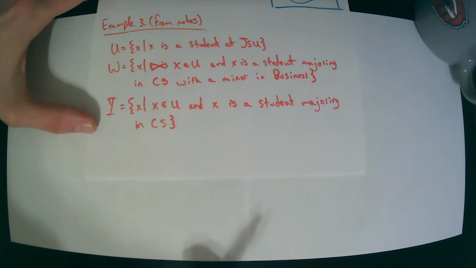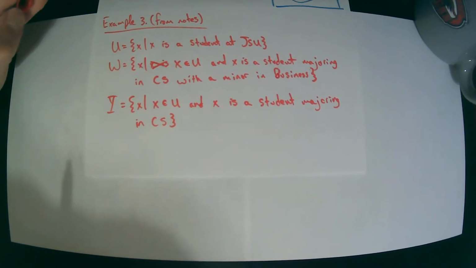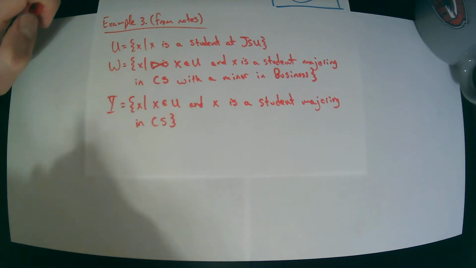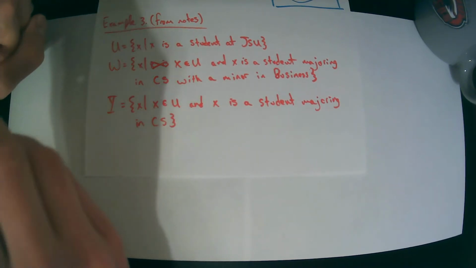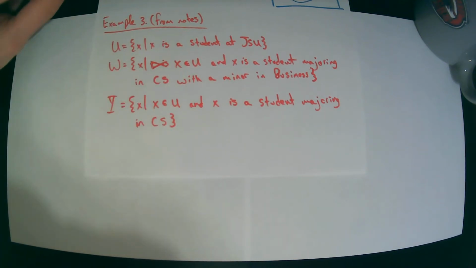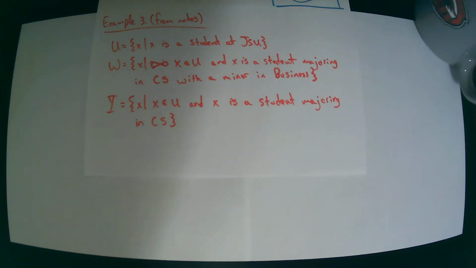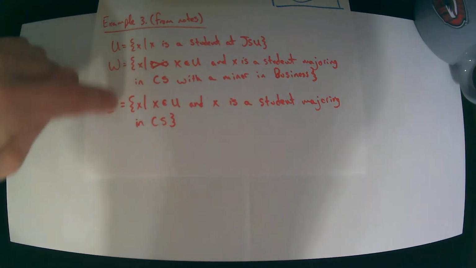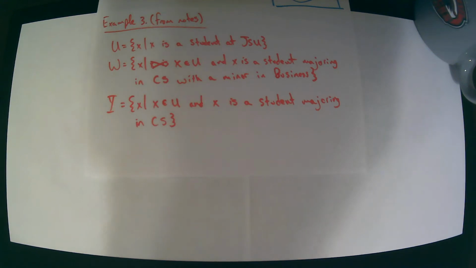Okay, there we go. Now, what do we want here? Draw a Venn diagram to represent these three sets, and then say which ones are subsets of each other. And then part C is a technical question. Is Y a subset of Y? So can a set be a subset of itself? Well, we'll get to that, but let's talk about the relationship between these three first.